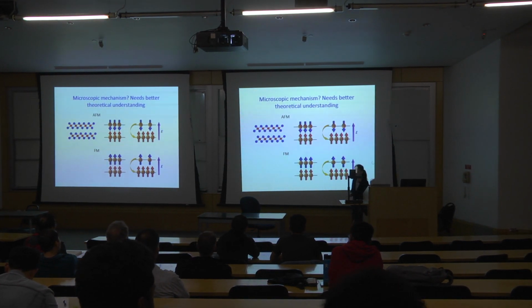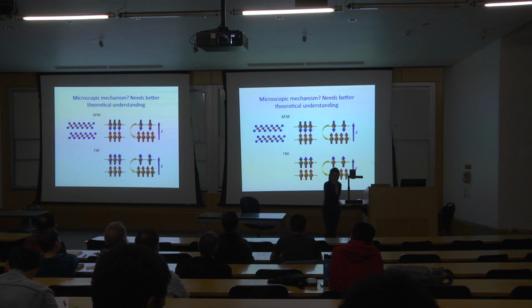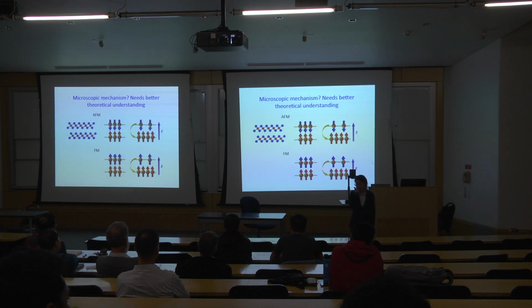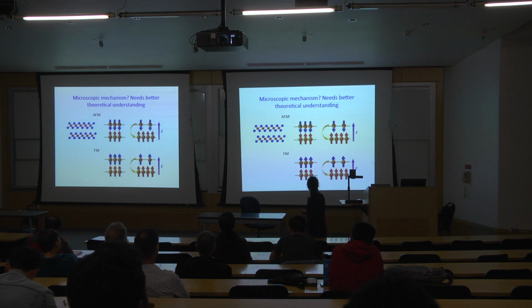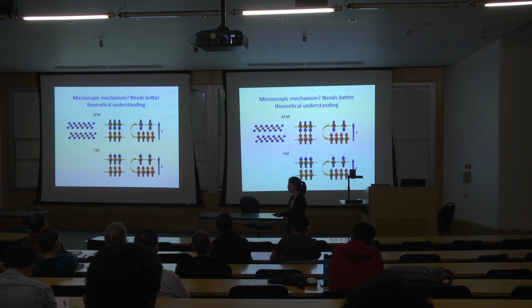So I propose one. Okay. So what I'm showing here can give you an answer why in the middle the magnetization becomes non-zero. For example, if the electrical field can induce charge transfer, which is quite possible, right?